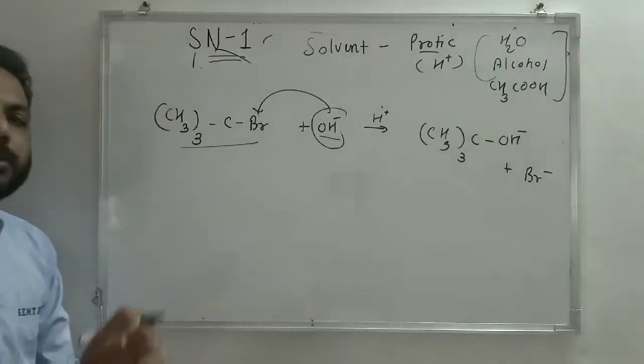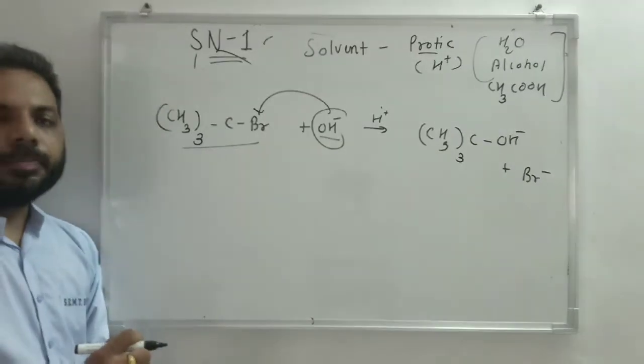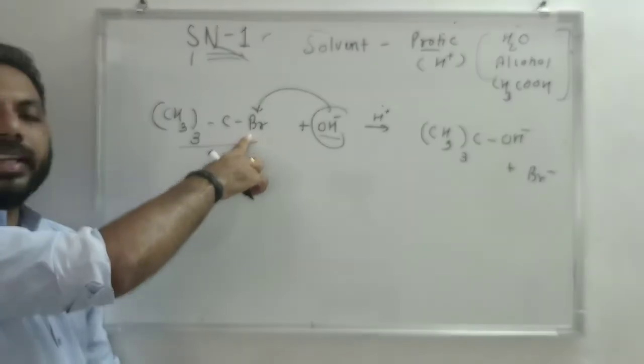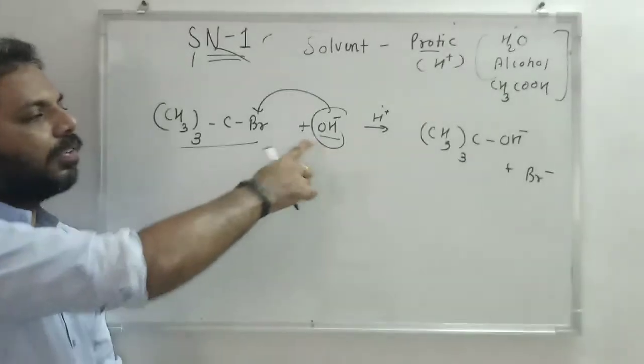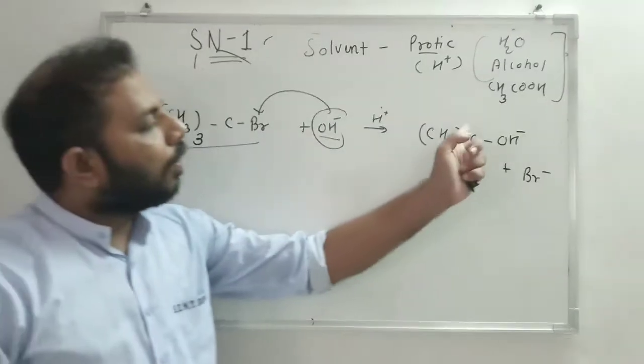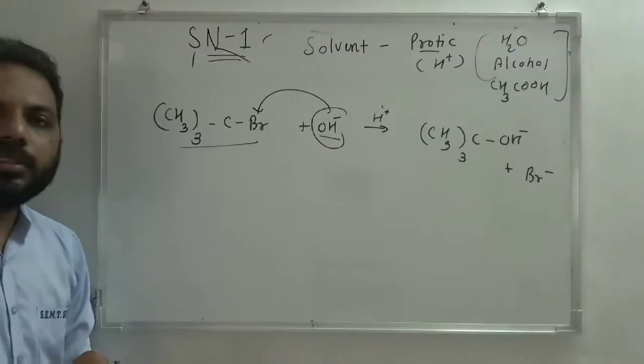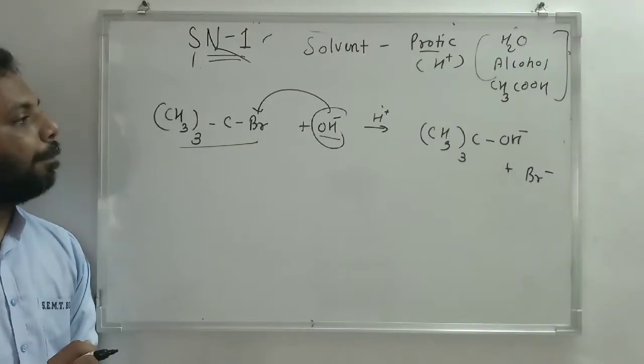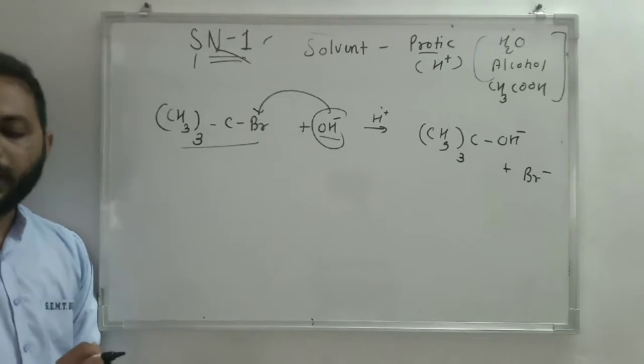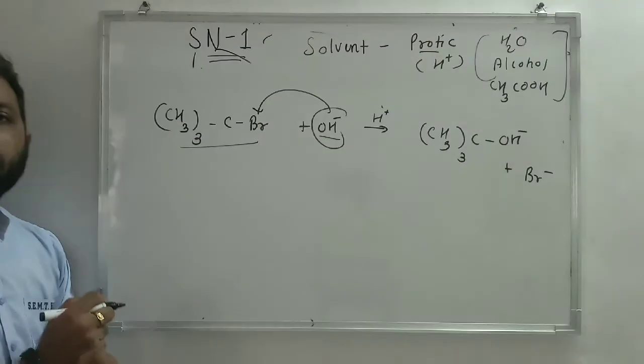So this is basic step of SN1 reaction. Halogen is substituted by nucleophile and we will get alcohol and halide ion. Okay, so this is main step, basic step. Now we'll see mechanism of this step, how this reaction is carried out.